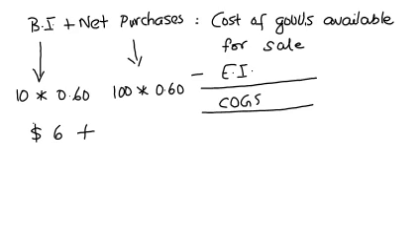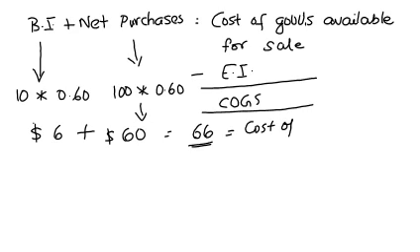So at 60 cents they purchased 100 cookies, and this led to another $60 here. So the total is 6 plus 60, which is 66, and this 66 equals the cost of goods available for sale.